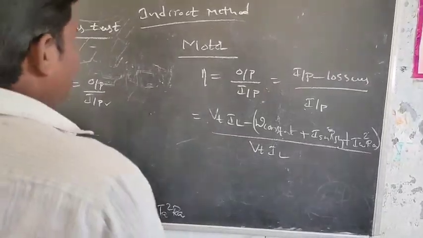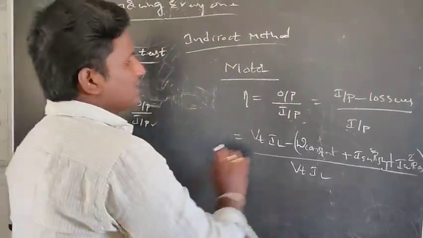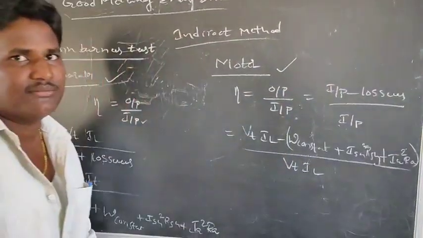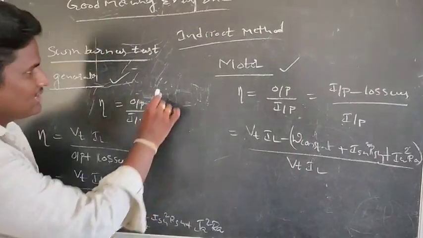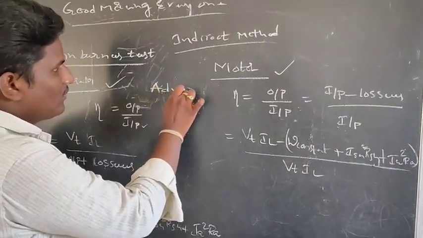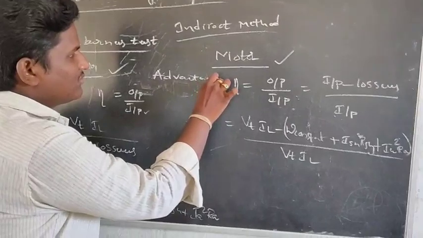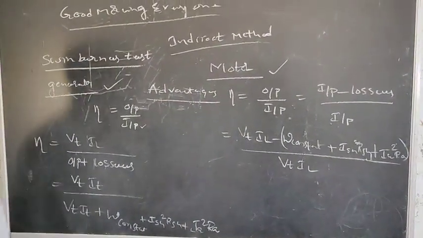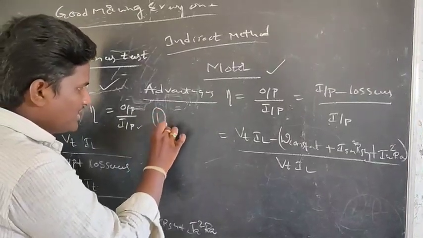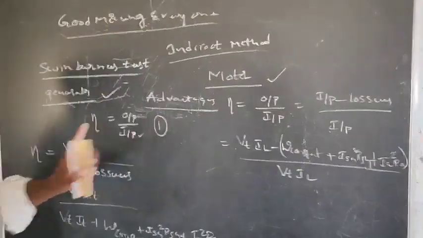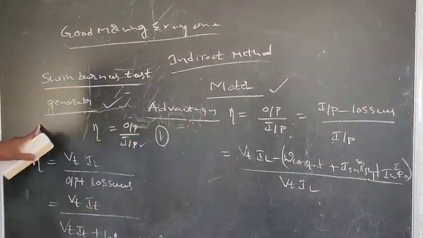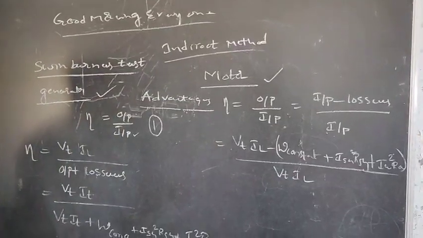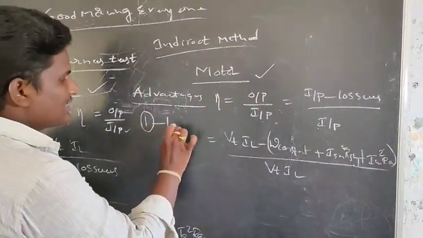So like that you can calculate the generator efficiency and motor efficiency. Next, advantages. The advantage of this test is that two machines can be tested at the same time, the motor and generator at a time, with less input.